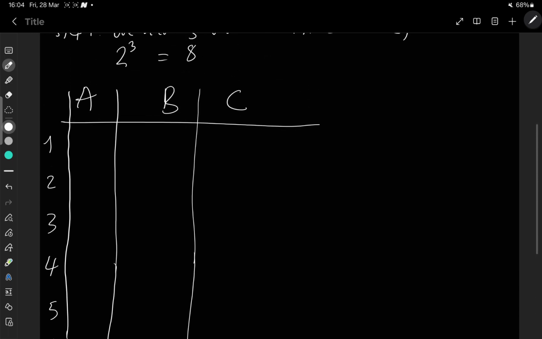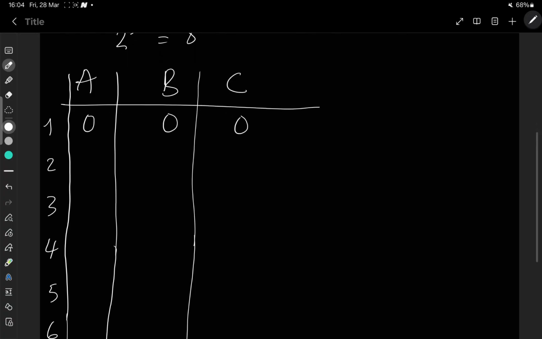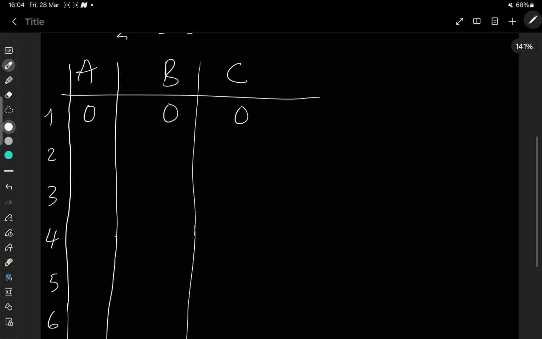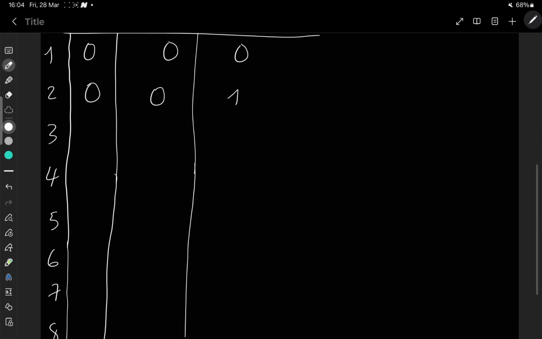So begin with 0, 0, 0. Another possible combination we're going to obtain from these variables is 0, 0, 1, and then 0, 1, 0 for our third combination. Then our fourth combination gives us 0, 1, 1.